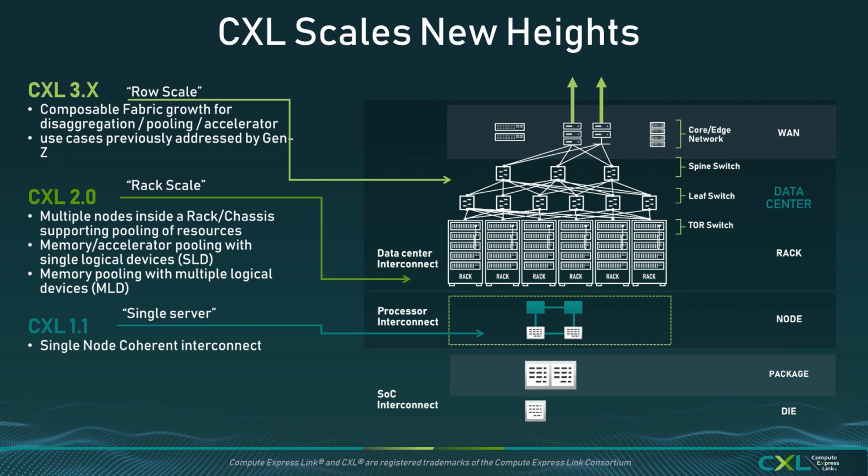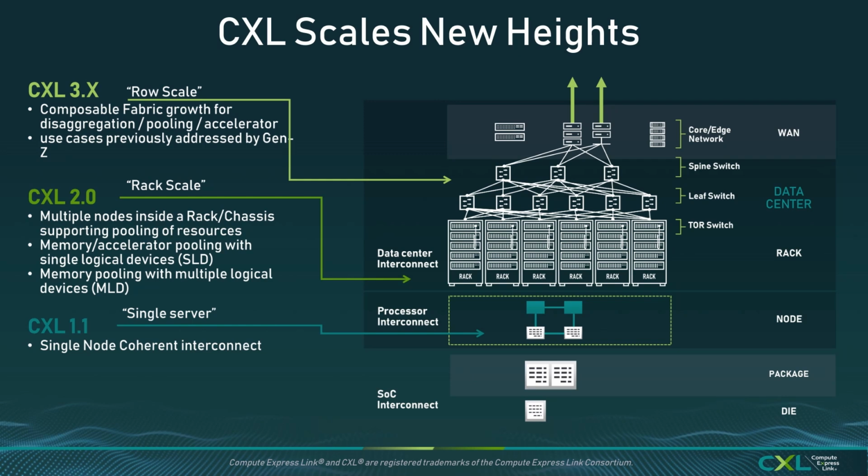They had a solution for a much larger fabric, and as Gen Z and CXL worked together, some of the ideas and some of the use cases that Gen Z was able to address also made their way into CXL. So we essentially now have a much larger fabric that can span multiple racks and entire nodes potentially, to switch and even a two-level switch hierarchy.